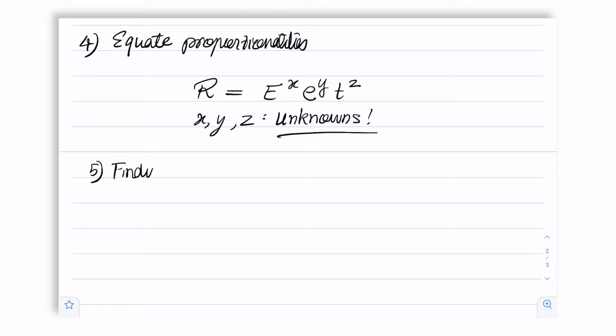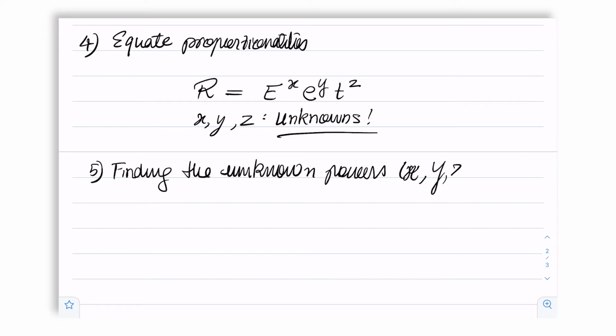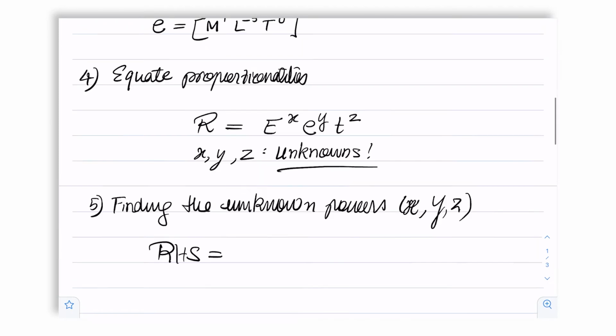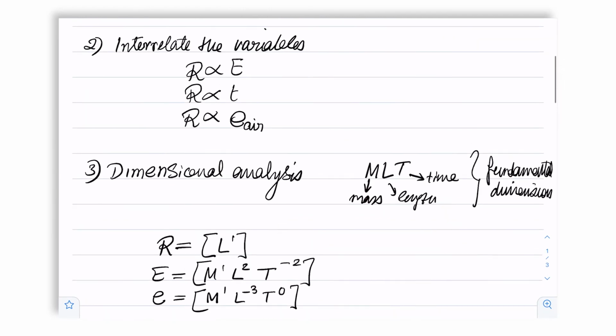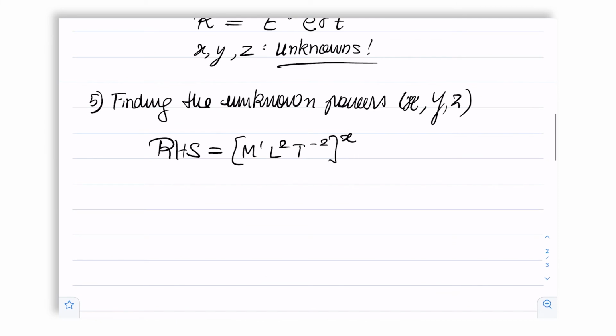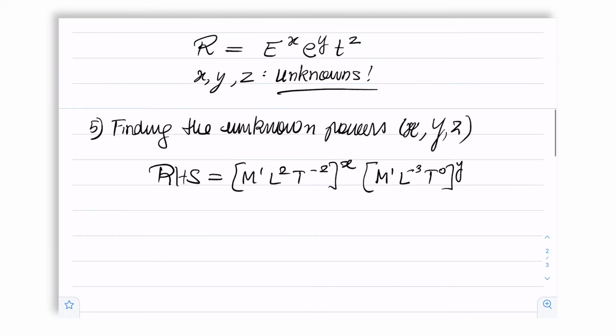So for the right hand side, we say it is E, which was M L^2 T^-2, to the power x, into rho, which is M L^-3 T^0, to the power y, into M^0 L^0 T^1 to the power z.